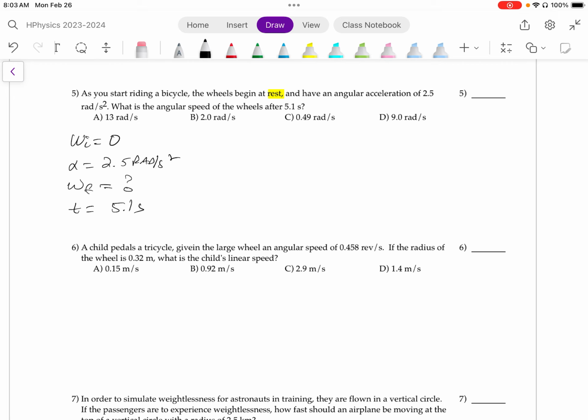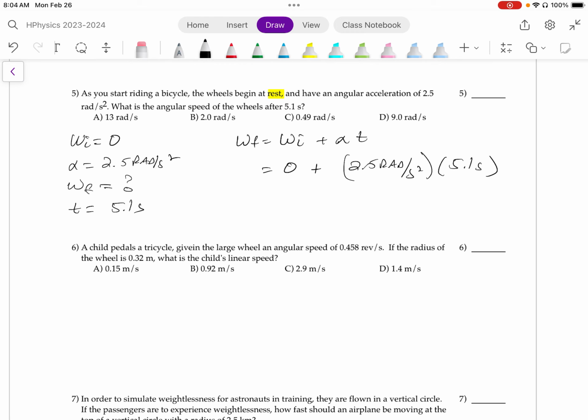The 5, 4, 3, 2, 1 problem, just like the one previous. I'm looking for final angular speed. I can use my favorite equation from my kinematics, alpha times time. Well, I don't have to rearrange anything. 0 plus 2.5 radians per second squared times 5.1 seconds.